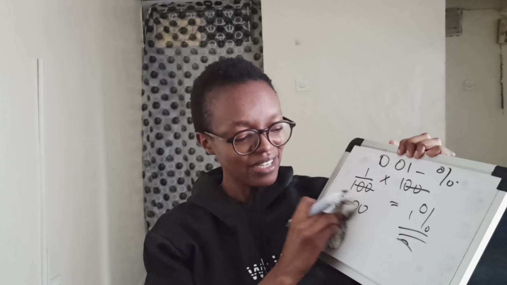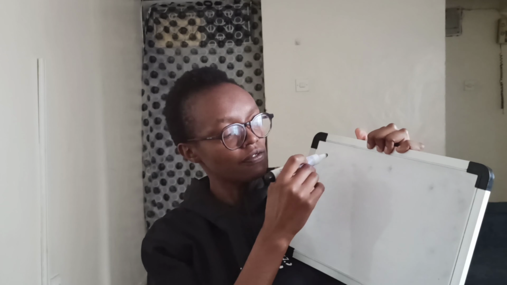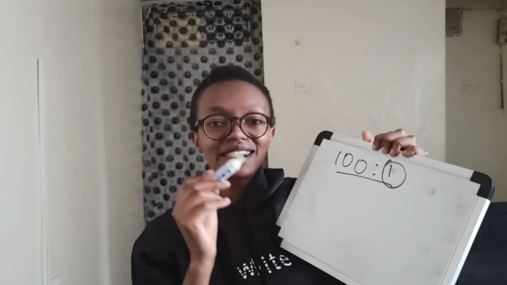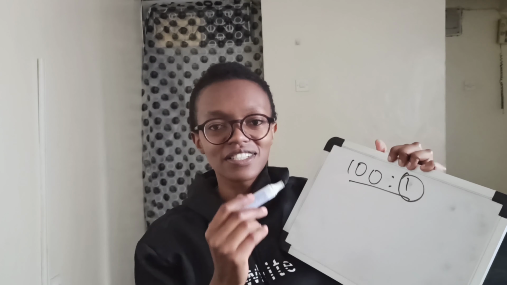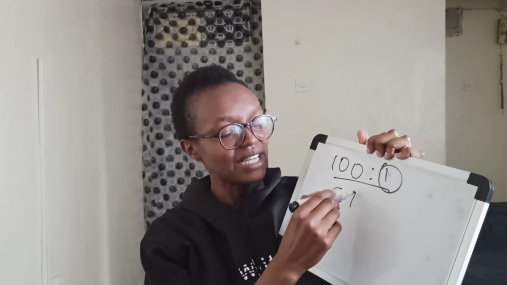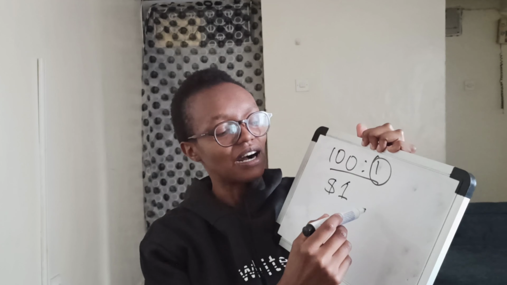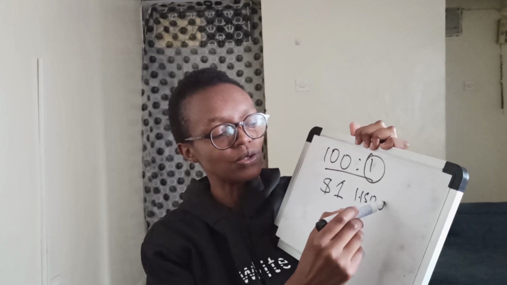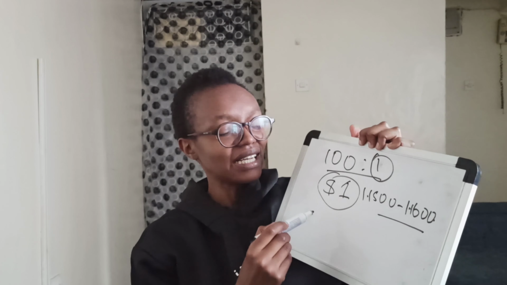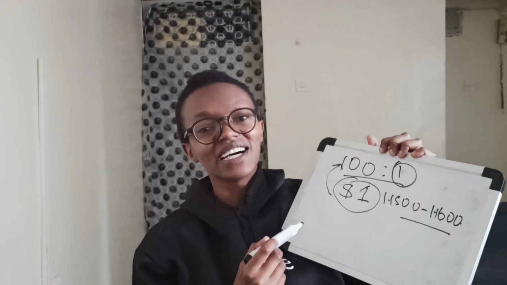Earlier on, I mentioned that if you're using a leverage of 100:1, it means that for every $1 that you have, it's actually worth $100. So now, since we have made $1 in our trading account when price moved up from 1.1500 to 1.1600, it essentially means that our $1 is now worth $100.